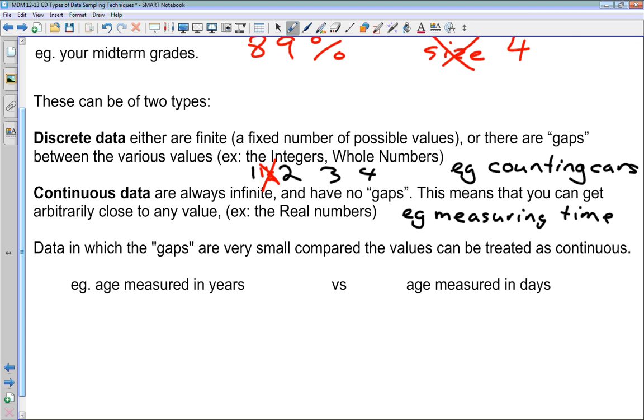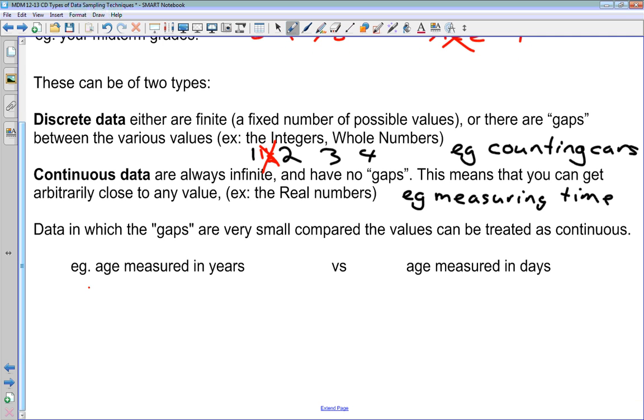As an example, let's say we are measuring somebody's age. If we are measuring the age in years, we might end up with values like 16, 17, 18. We would say this is discrete data, because people answering the question say I'm either 16 or I'm 17 or I'm 18, as though there are big gaps between them, a gap of an entire year.